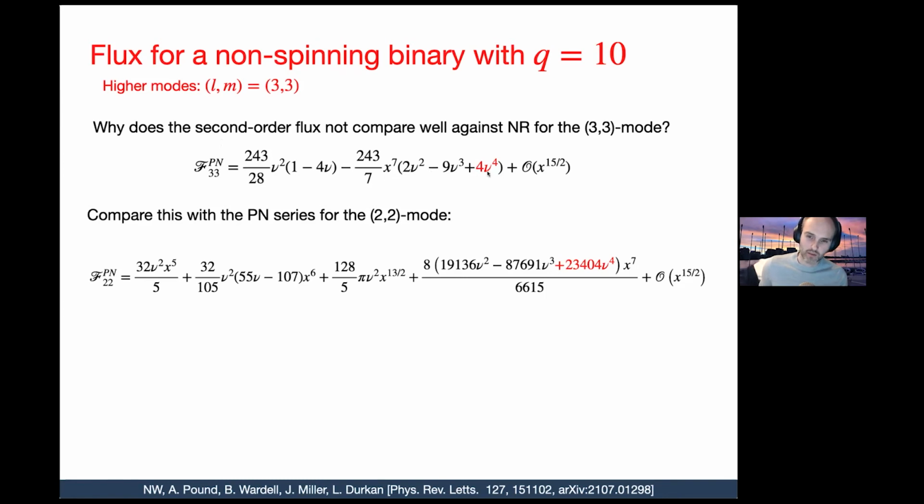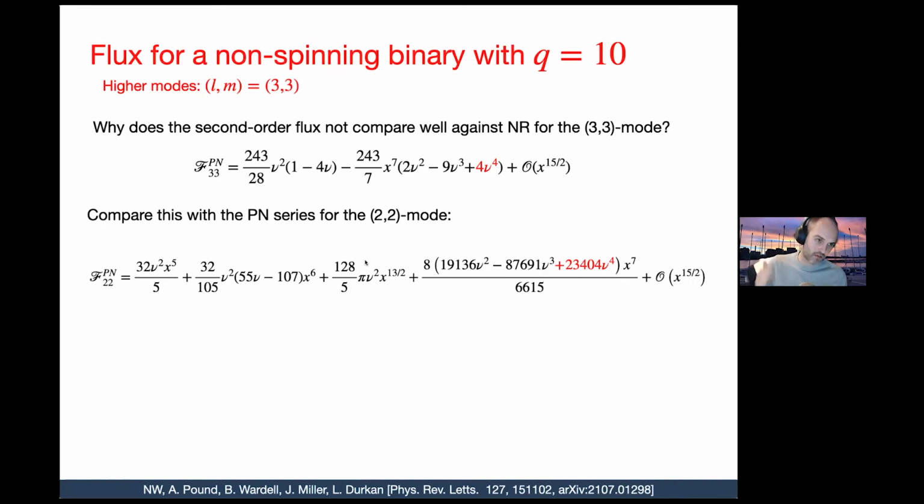But in this first subdominant term, we capture everything up to nu cubed through our calculation. So we get all of this term, but we do not capture this. If you compare this with the 2-2 mode, the first time the nu to the 4th term, which is a third order self-force term, appears is in the 4th term in the PN series. So there's already some suggestion there that you would expect our results to be better for 2-2 than for 3-3.